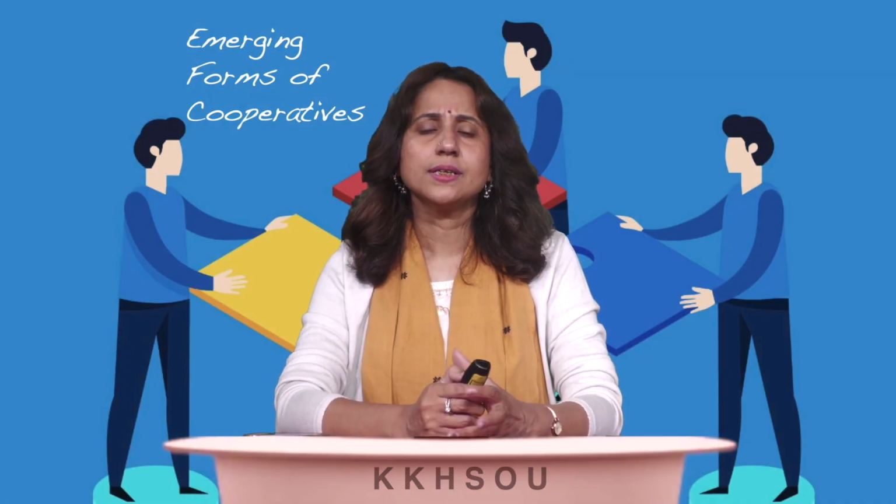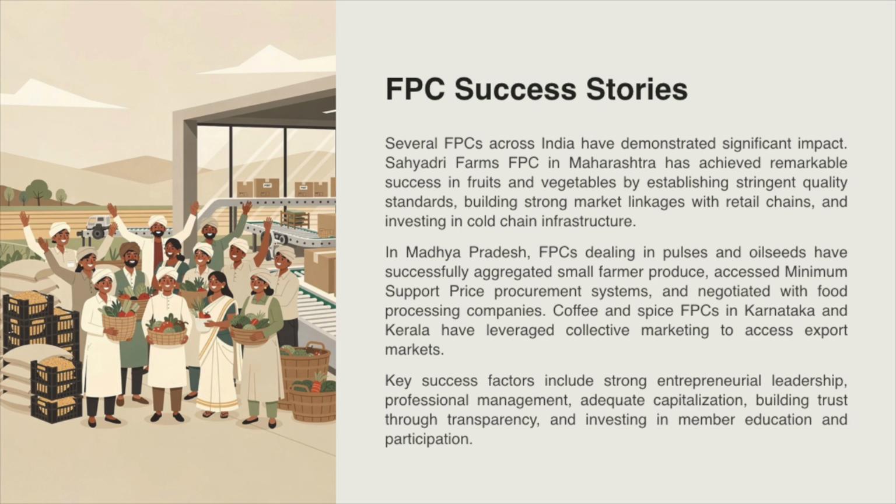So, several FPCs across India have demonstrated significant impact, providing valuable lessons for replication. The Sahyadri Farms FPC in Maharashtra, dealing in fruits and vegetables, has achieved remarkable success by establishing stringent quality standards, building strong market linkages with retail chains, and investing in cold chain infrastructure.